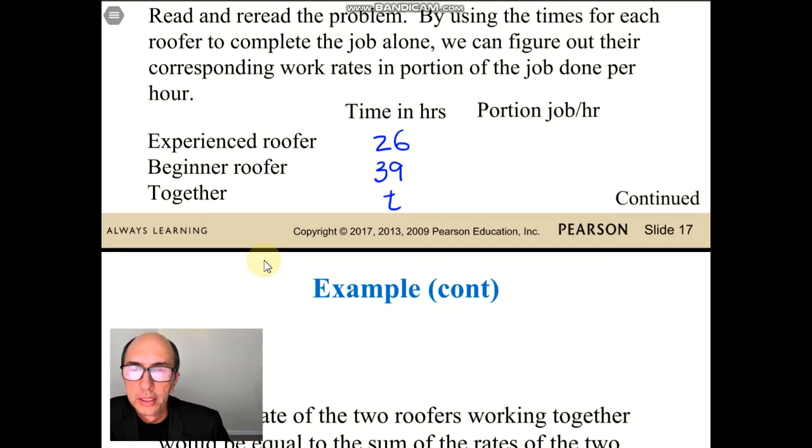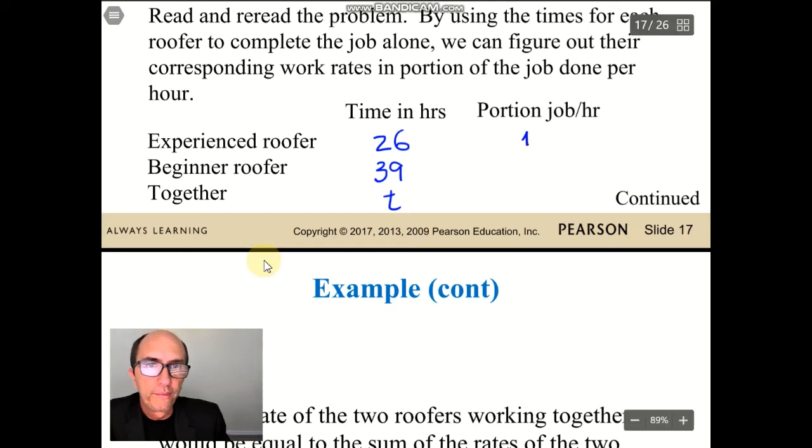T hours. But one thing that we can find out right now is the proportion of the job that each one is going to complete per hour. So in each hour, the experienced roofer is going to finish one roof over 26, 1/26 of the roof.